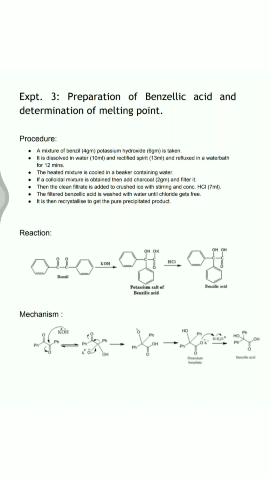Let the molecular weight of benzil be X and that of benzilic acid be Y. So X gram of benzil will yield Y gram of benzilic acid, so 1 gram will yield Y by X. We have taken 4 gram of benzil, hence Y by X into 4 gives the theoretical yield.